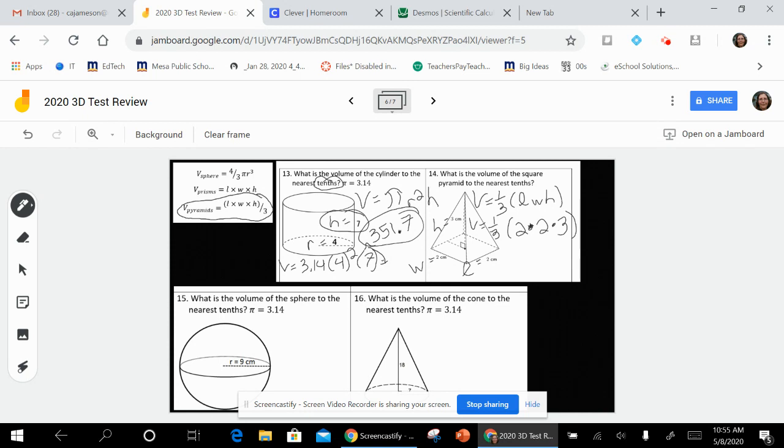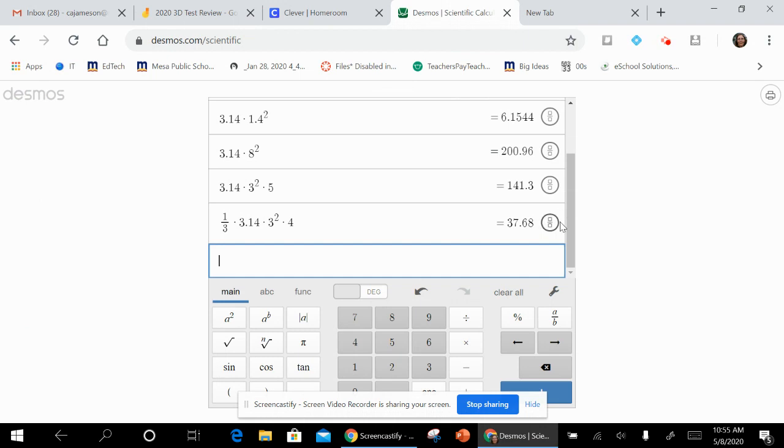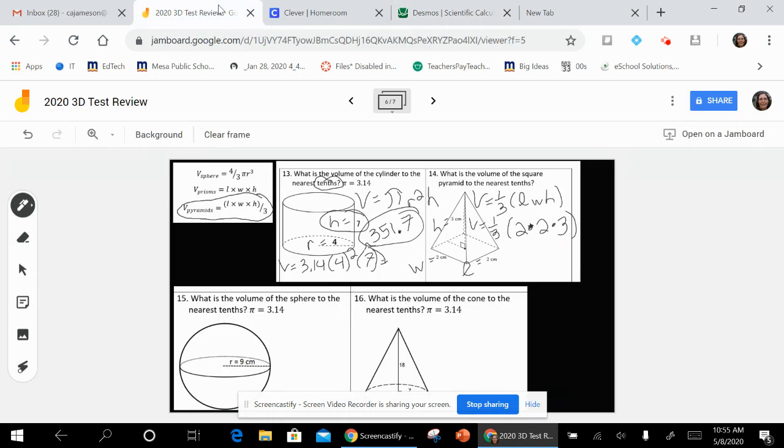So A over B, 1, scroll down, 3, scroll left, everybody. Times 2 times 2 times 3, and our answer is 4. We got this, everybody. So it's going to be 4 centimeters cubed. Volume, everybody remember, is cubed.